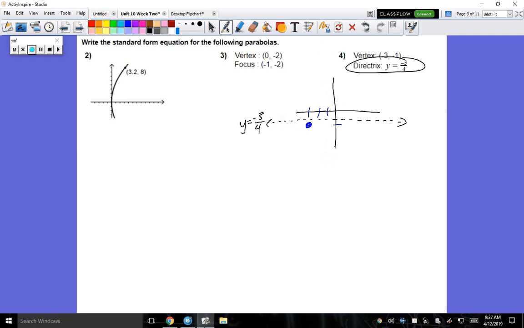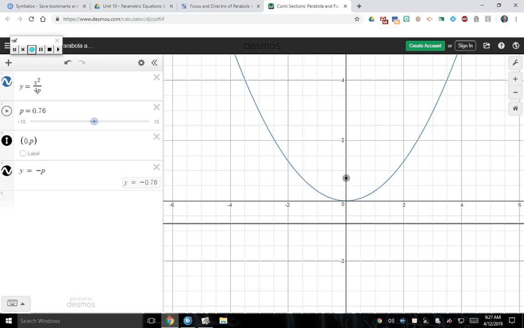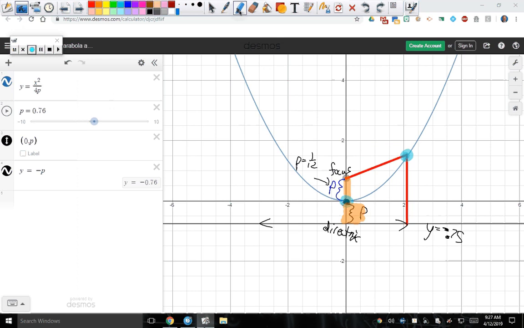So remember, between the directrix and the focal point is where we're going to have our vertex. We had the directrix here, we had the focal point here, and in between is where we got this vertex.